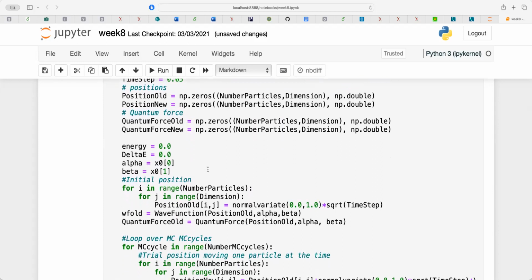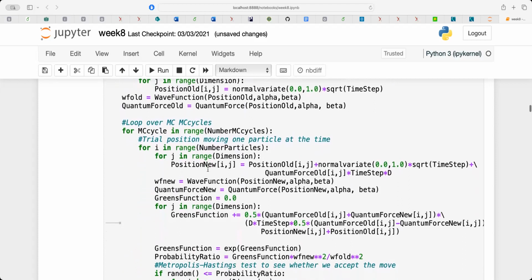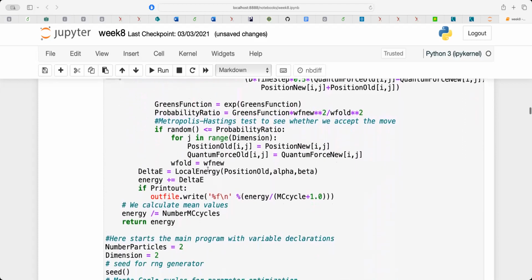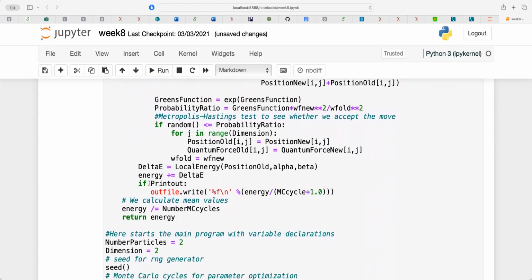It does the standard Monte Carlo sampling, but now when it calculates the energy, if I have this printout option here, it does something which will not give you necessarily the same expectation value when you take all the measurements. So what it is doing here, and this is something we can discuss a little bit.